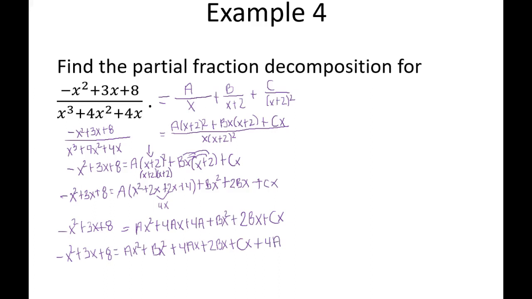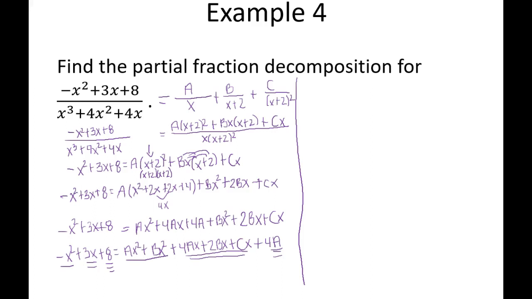All right, now the only way that these two can be equal to each other would be if these two terms combined were equal to that coefficient there, -1, and these three terms here combined were equal to this term right here, and then this term back here were equal to this one over here. So I'm going to create a system of three equations with three variables using my x squareds, then my x's, and then my constants.